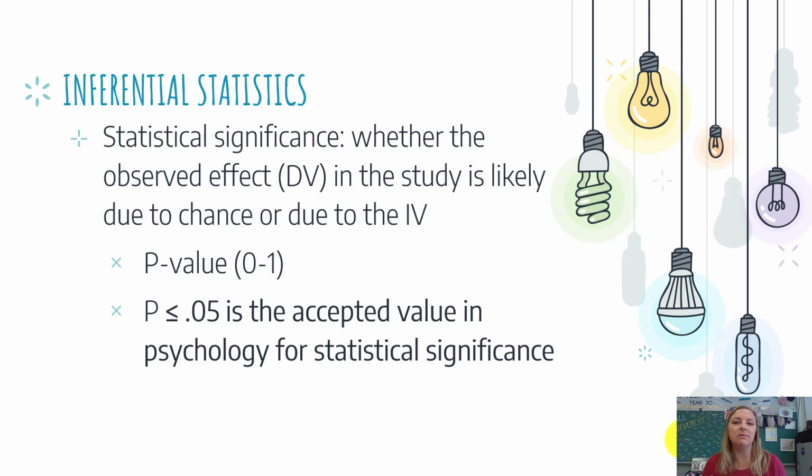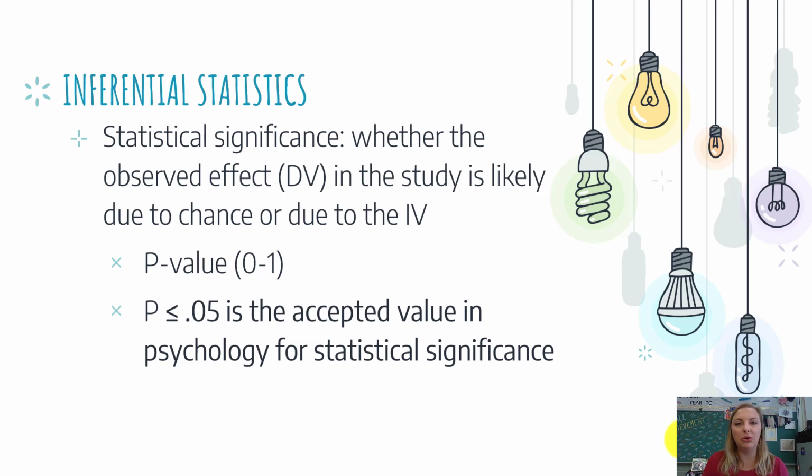Statistical significance is measured with our p-value. And our p-value can be anywhere from 0 to 1. In psychology, p being less than or equal to 0.05 is the accepted value for whether or not something is statistically significant. Now, I want you to look at these numbers just as numbers. If we take 0.05 and we change it into a percentage, what do we get? 5%.